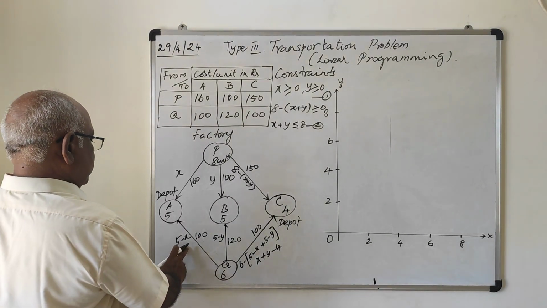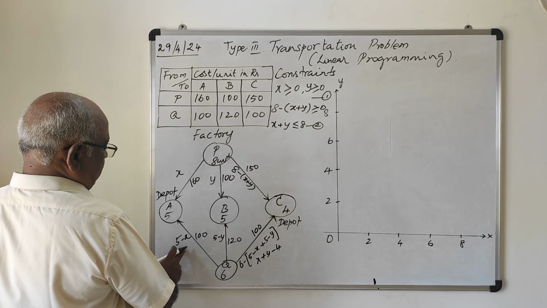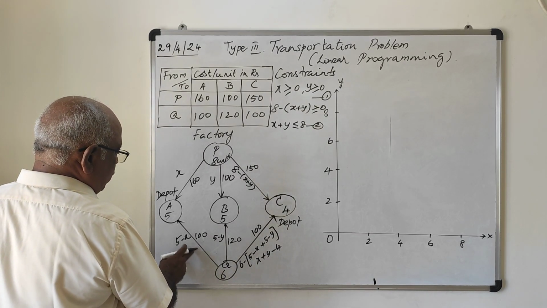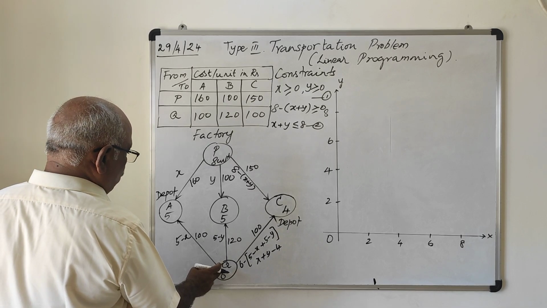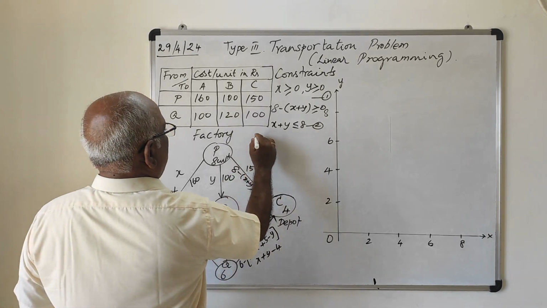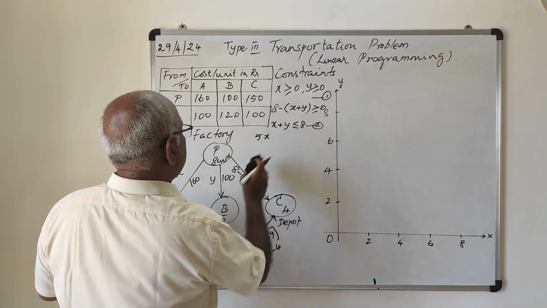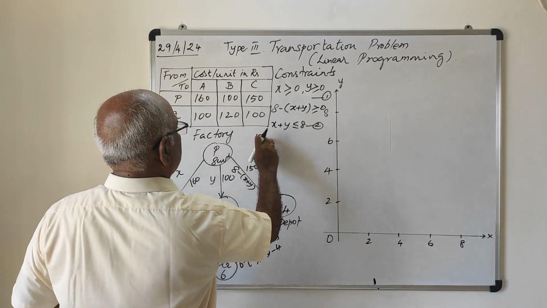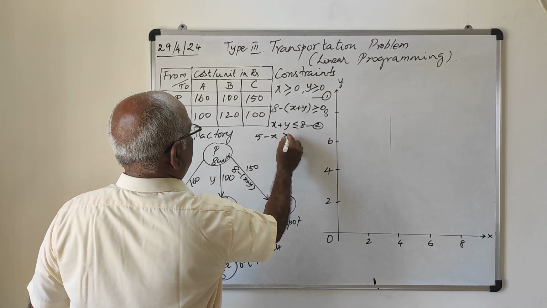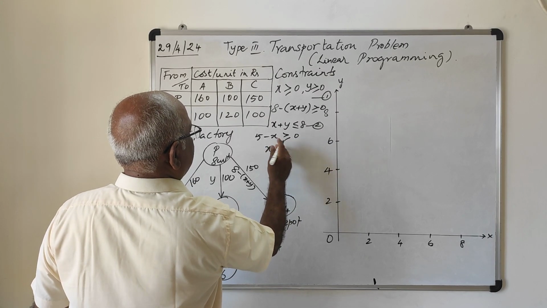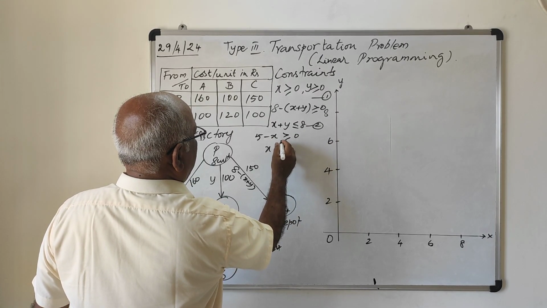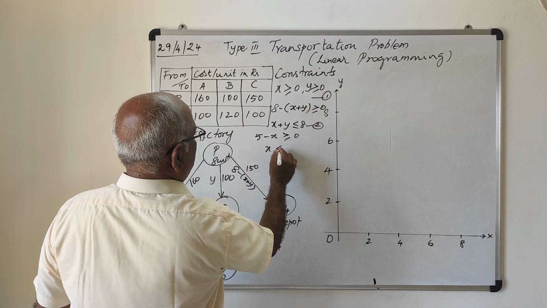Similarly, 5 minus x is the units of commodity transported from Q to the depot A. Therefore, 5 minus x is greater than or equal to 0, so x is less than or equal to 5.